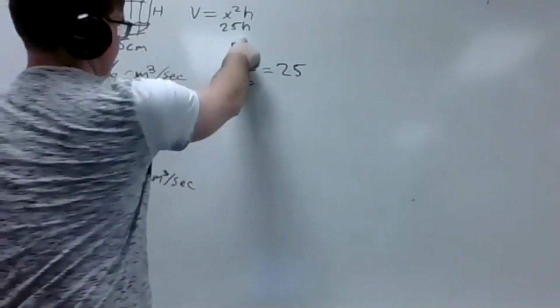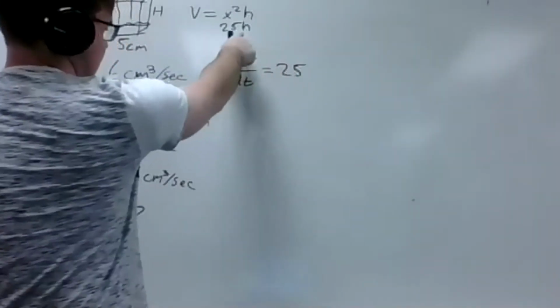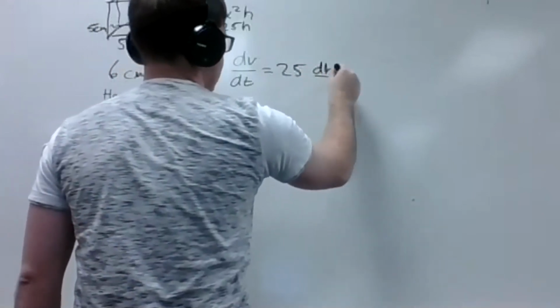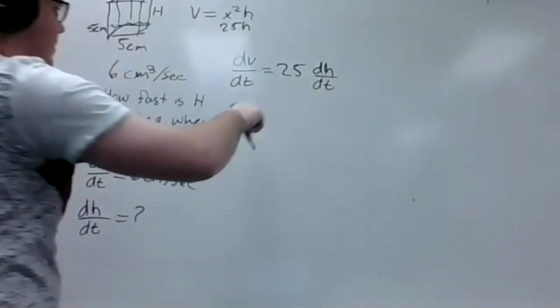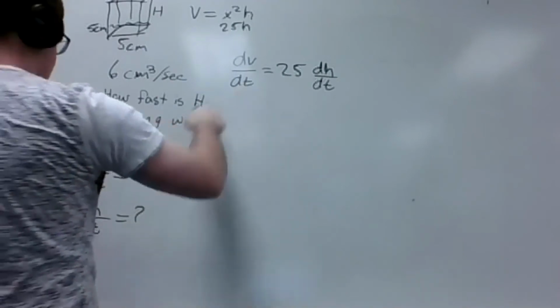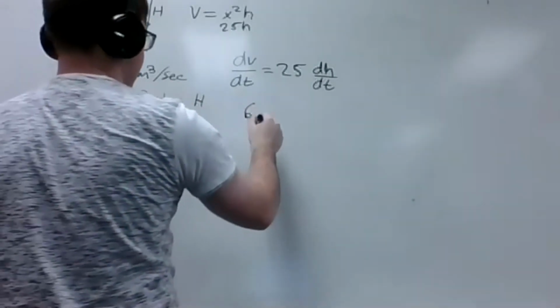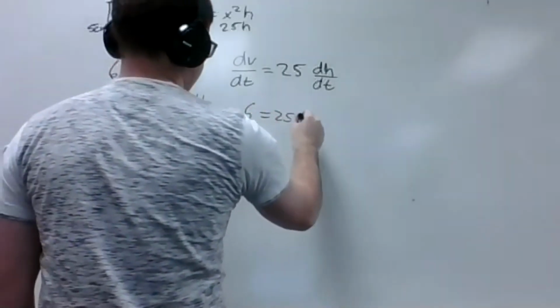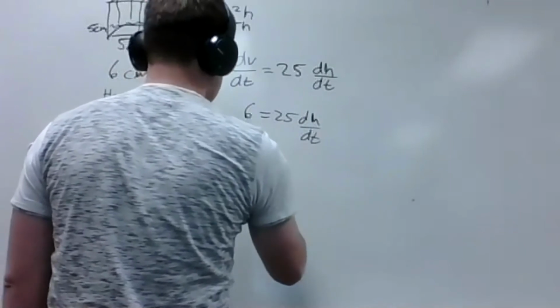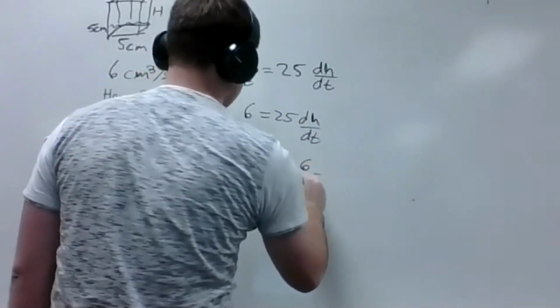So when we take the derivative of h, instead of it just disappearing into a 1, we are going to have a dh/dt out of it. And then we're just going to solve for dh/dt, right? So we'll plug in our numbers. We have 6 equals 25 dh/dt, and then dh/dt is equal to 6 over 25.